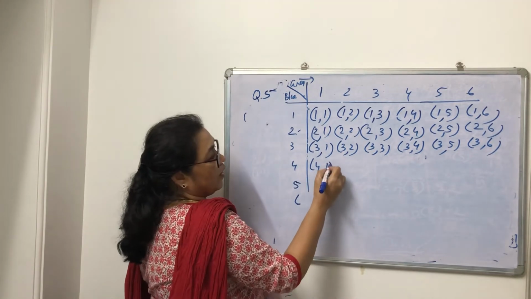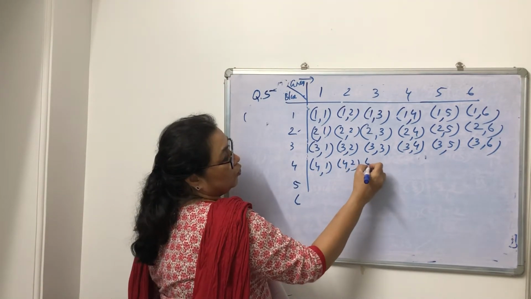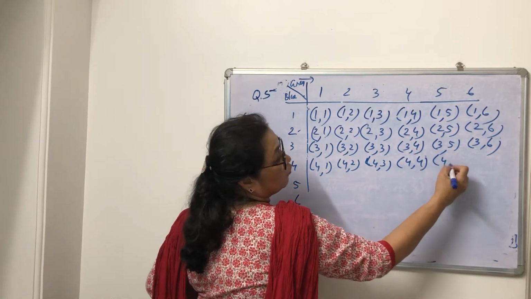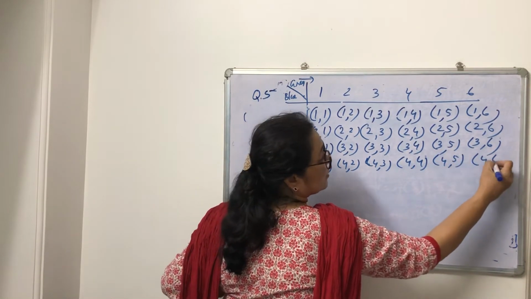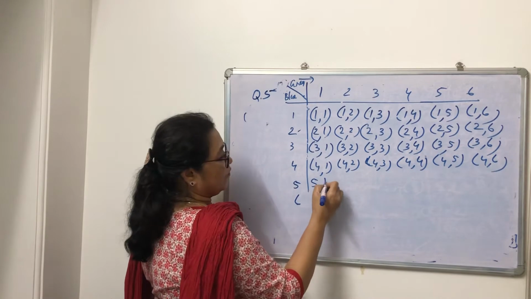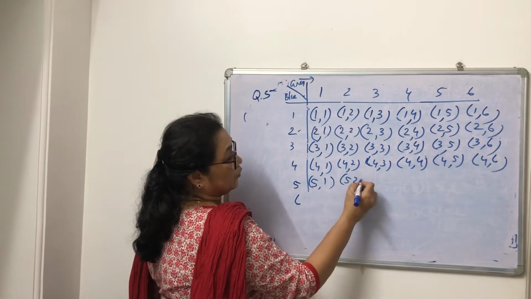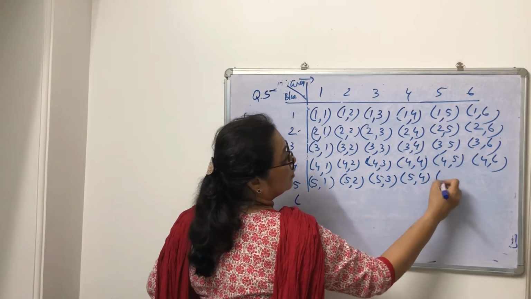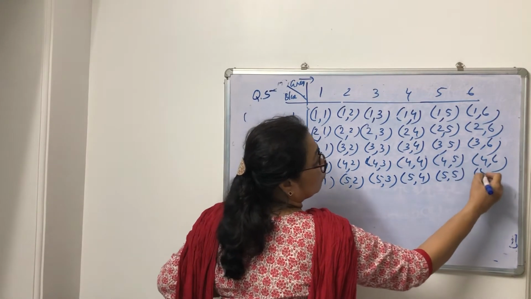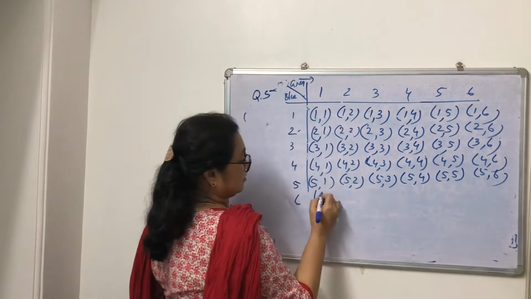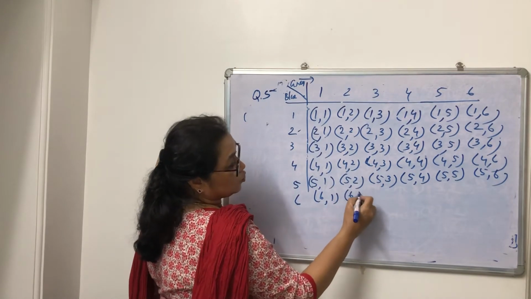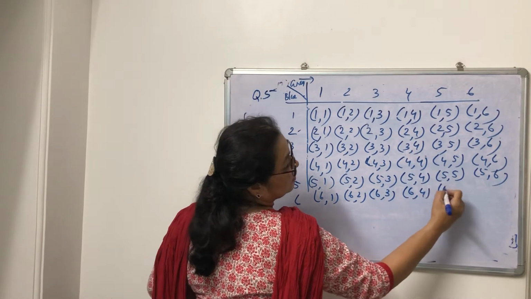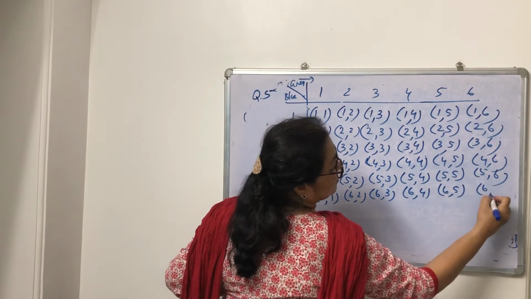Here (4, 1), (4, 2), (4, 3), (4, 4), (4, 5), (4, 6), (5, 1), (5, 2), (5, 3), (5, 4), (5, 5), (5, 6), (6, 1), (6, 2), (6, 3), (6, 4), (6, 5), (6, 6).